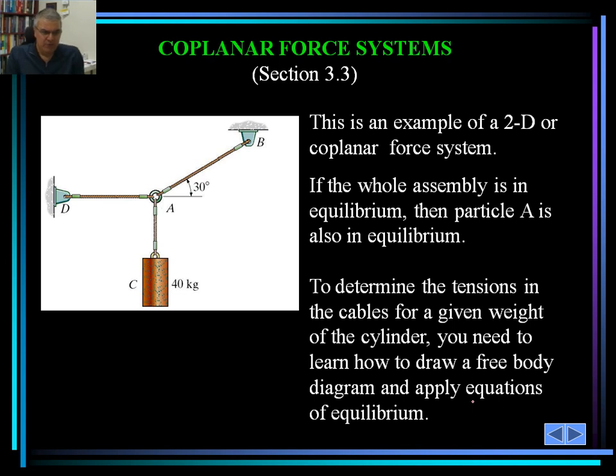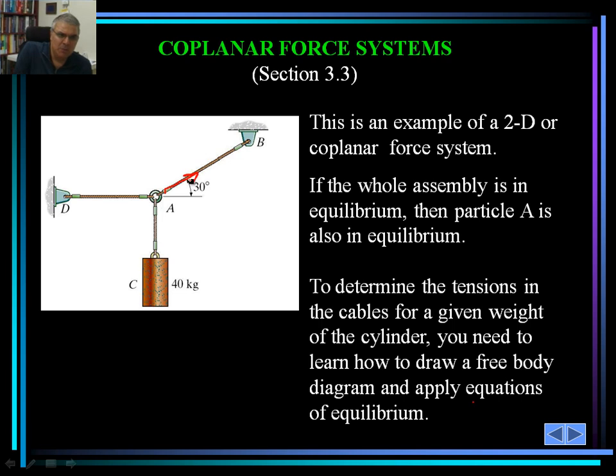So in order for us to determine the tensions in the cables for a given weight of the cylinder, we need to learn how to draw a free body diagram and apply the appropriate equations of equilibrium. If you want to draw the free body diagram for this assembly or system, we simply replace the cables by the forces present in them.